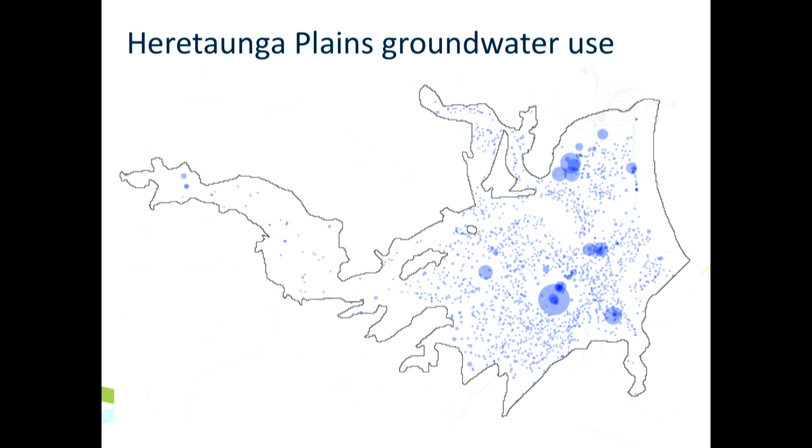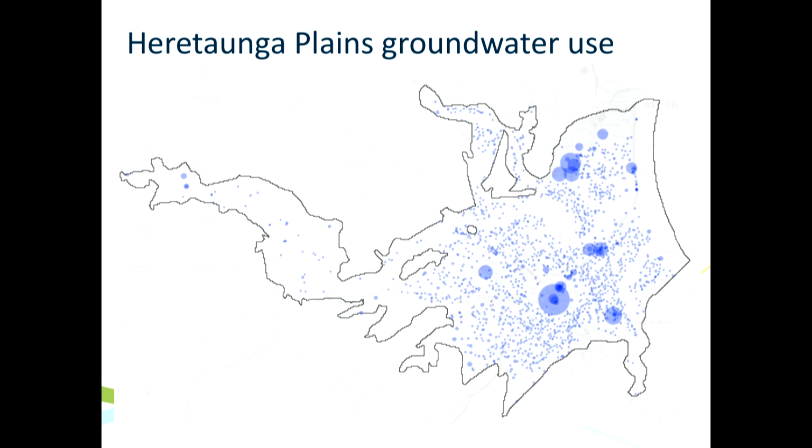In terms of water use in the aquifer, this is a map showing all the consented authorisations for groundwater abstraction, and you can see some of the bigger ones in here. They are generally the public water supplies. There are fewer of them, but they require quite a substantial amount of water relative to the smaller ones.